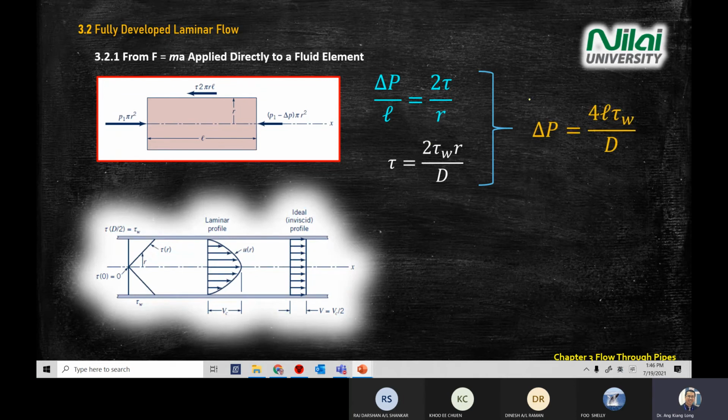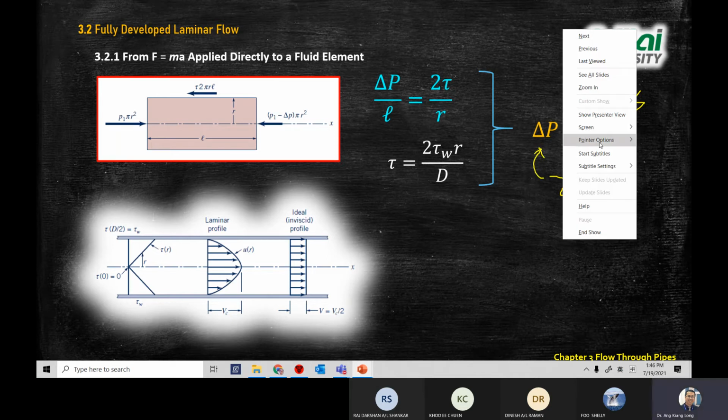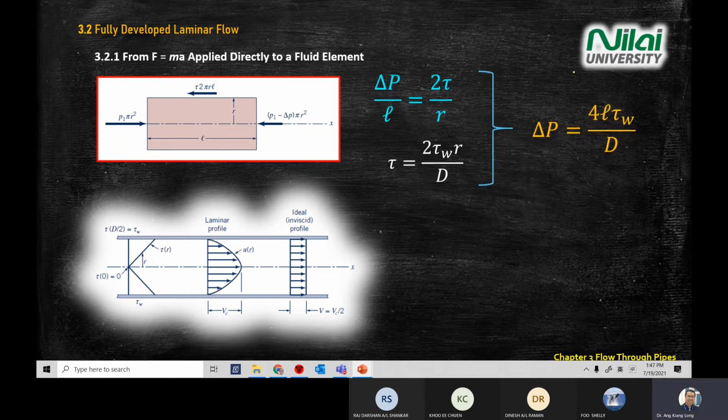You can find the drop of pressure when you know your shear stress at the wall. If you are given your shear stress, you can find the drop of pressure straight away. This is another equation: delta P equals 4L times wall shear stress divided by D.